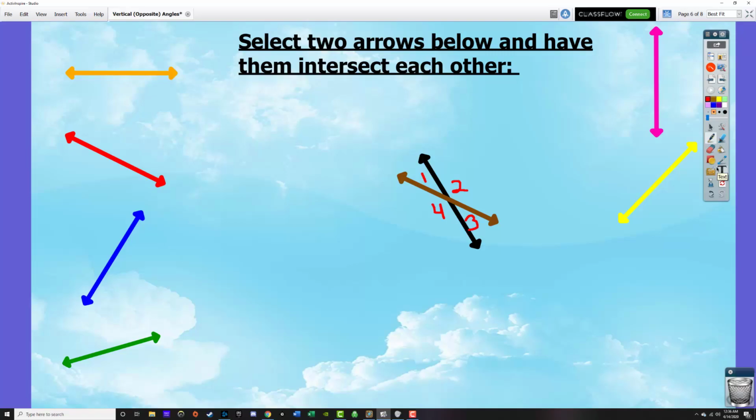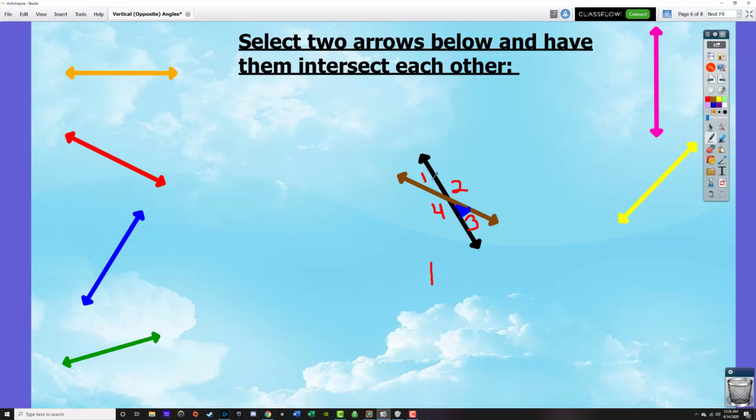Now what I would like for you to do is pair these numbers together based on whether or not they share a vertical relationship. For example, angle 1. Which of the three other angles is vertical to angle 1? Well, it's angle 3. Angle 1 and angle 3 are vertical angles.